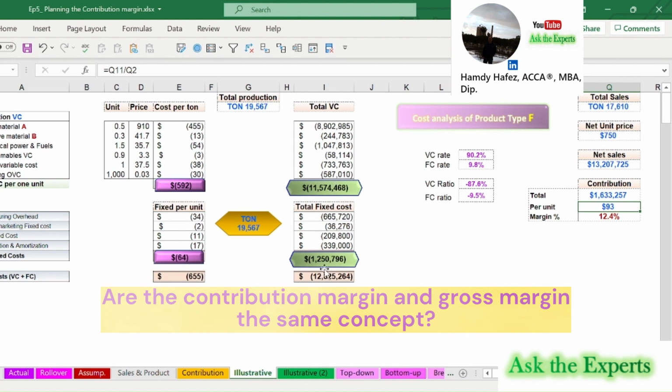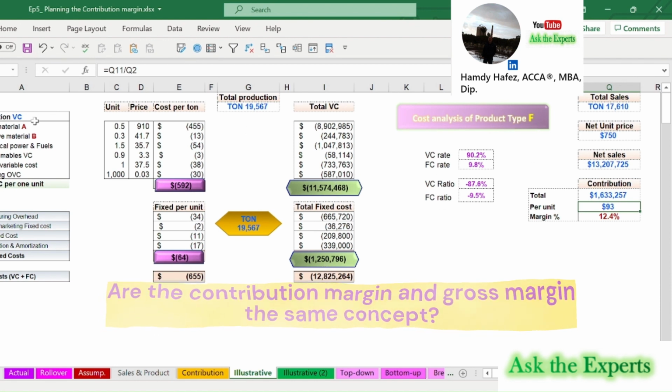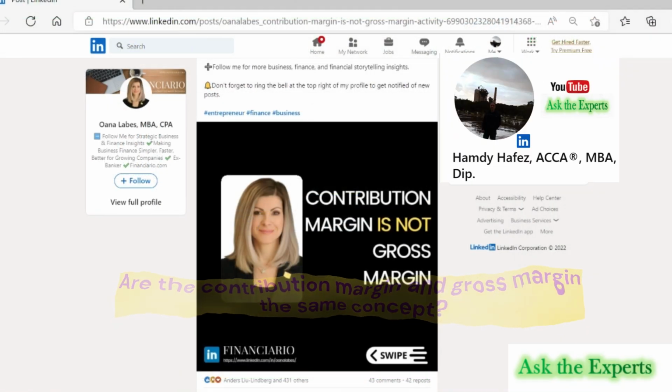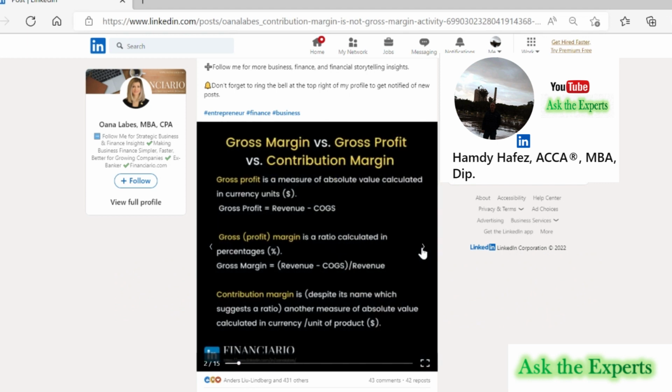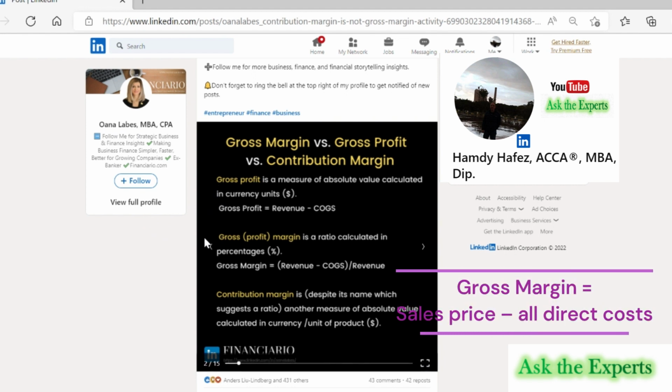Are the contribution margin and gross margin the same concept? In one of her articles, Ona Labes stated that gross margin is not contribution margin. Ona said the gross margin is the sales price of a product or service, less all direct costs of the product or service, expressed as a percentage of sales.